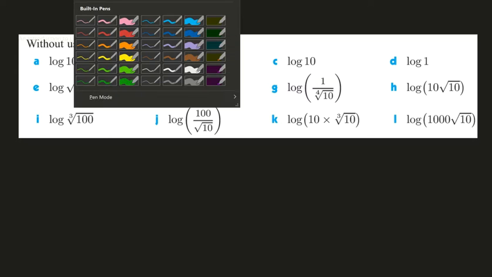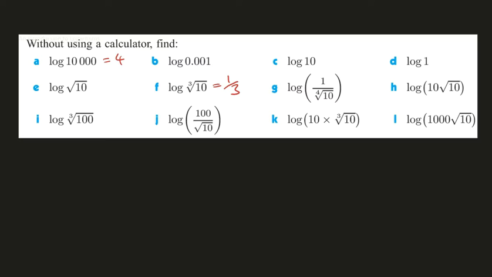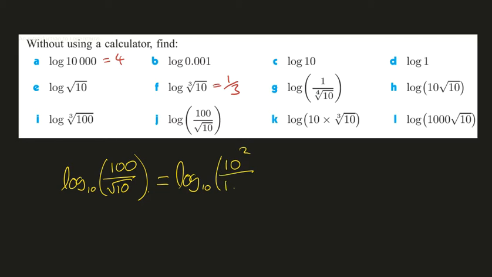So let's take a quick look at perhaps j. So we have log, and I'll write the base 10 in there so we understand, of 100 over the root of 10. Now, for a question like this, we want to try and write the number inside the logarithm in those brackets as a power of 10. We could do that because this is equivalent to 10 squared over 10 to the power of 1/2.